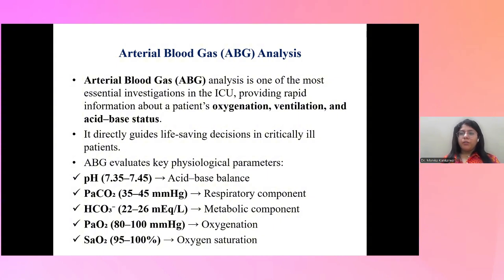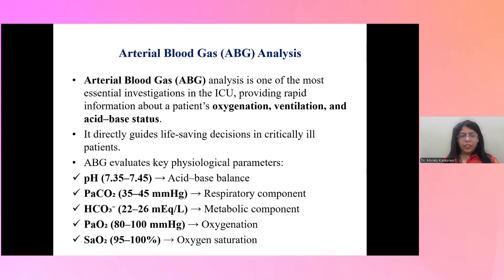Another crucial parameter in ABG analysis is the partial pressure of carbon dioxide, which ranges between 35 and 45 mmHg, and it is a respiratory component which reflects how well the respiratory system of the patient is functioning. The next key parameter is bicarbonate anion, and the normal range is 22 to 26 milliequivalent per liter. It reflects the metabolic component of the acid-base balance.